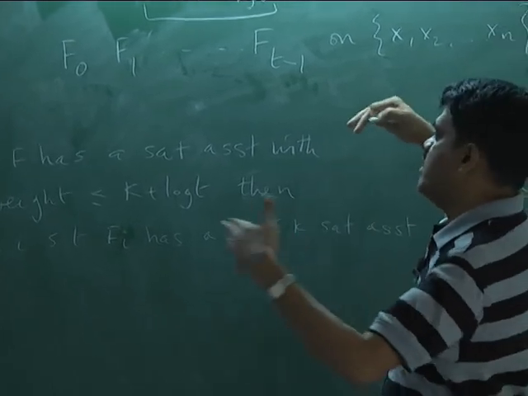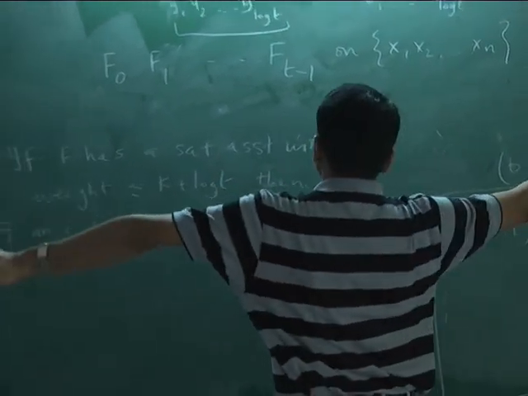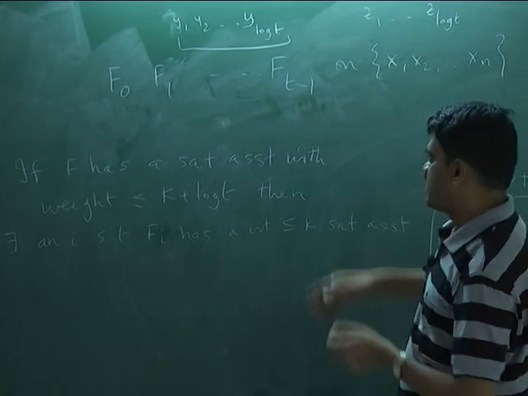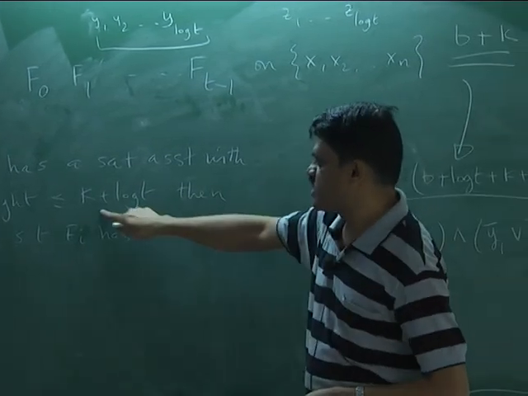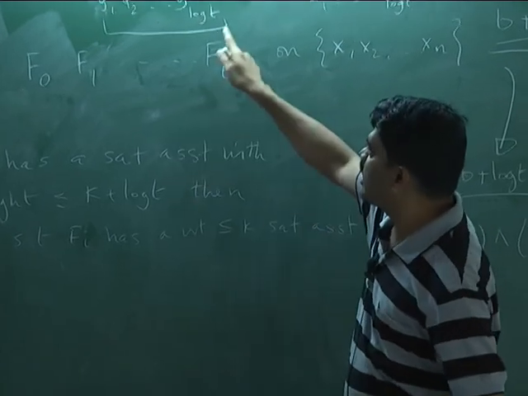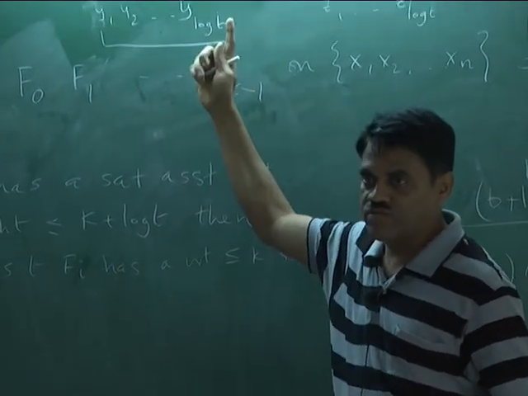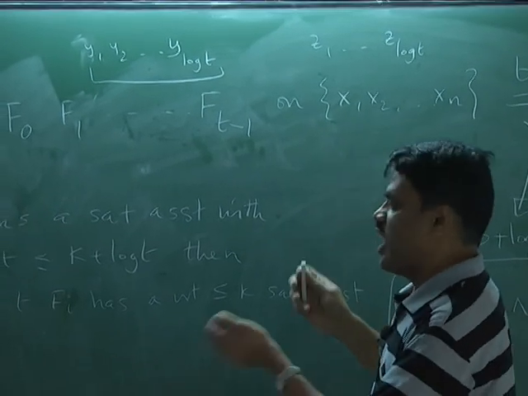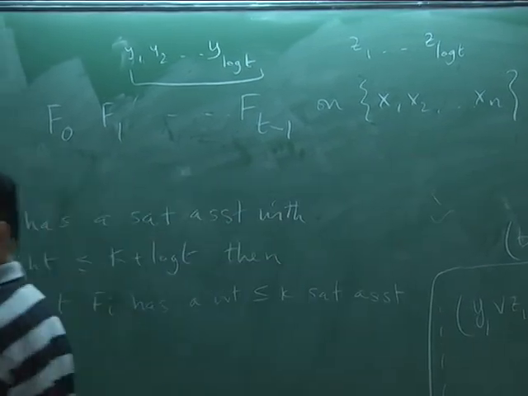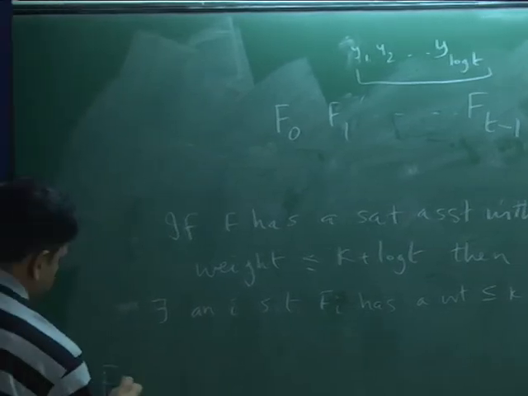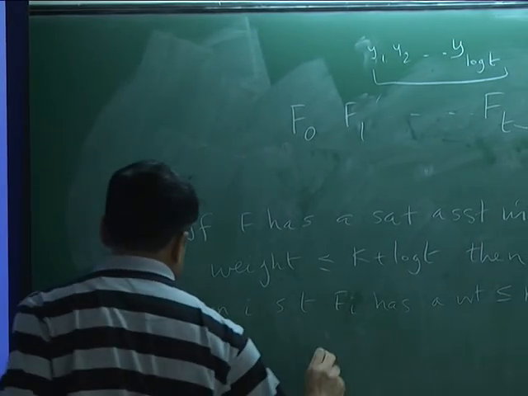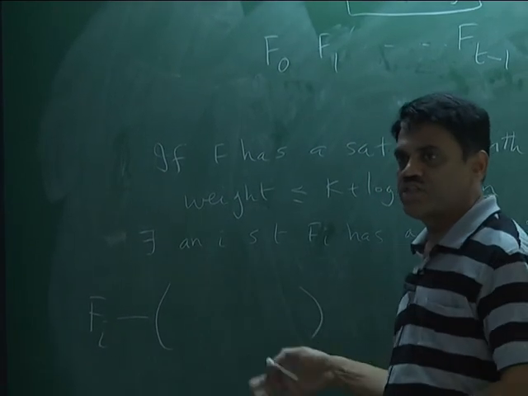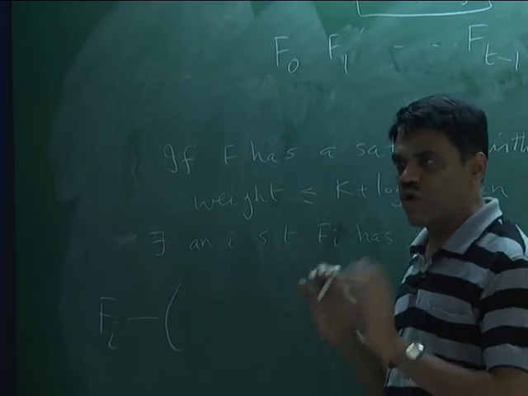So I take this entire conjunction of f with all these extra ID variables added, and suppose it has an assignment with weight at most k plus log t. Look at its assignment on the yi variables. Based on that, I zoom in on one of the fi's and say this is a possibility where the original variables satisfy this clause with weight at most k. That is what I want to argue.